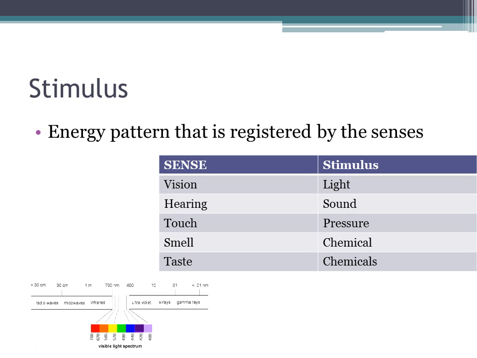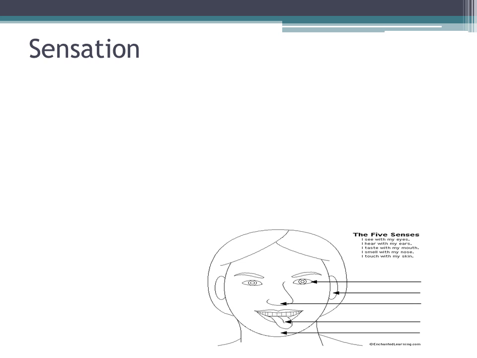In order for you to touch or feel something, there needs to be pressure, hot, cold, whatever it may be, on your skin. Smell and taste, there needs to be some sort of chemical in the environment, whether it's a chemical odor that your receptors, your nose, can pick up.